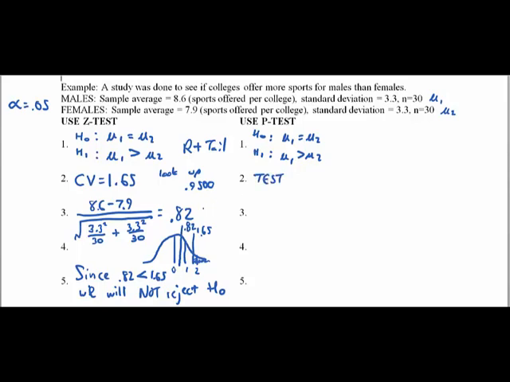Now what we're going to do for step 2 is to use the test value. Since we have run the formula here, I'm not going to rewrite the whole equation here in part 3. I'll just say the test value is 0.82. This is going to be on the right side of our two-page z-chart, and what we're going to do is look up 0.82 for z and evaluate the decimal.